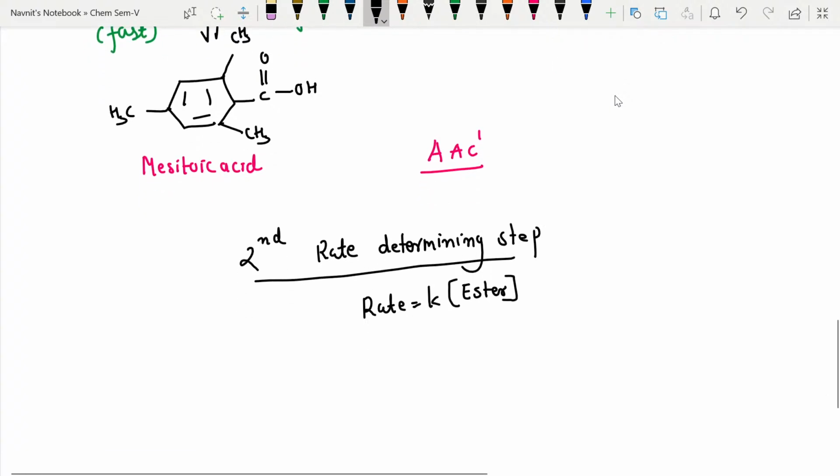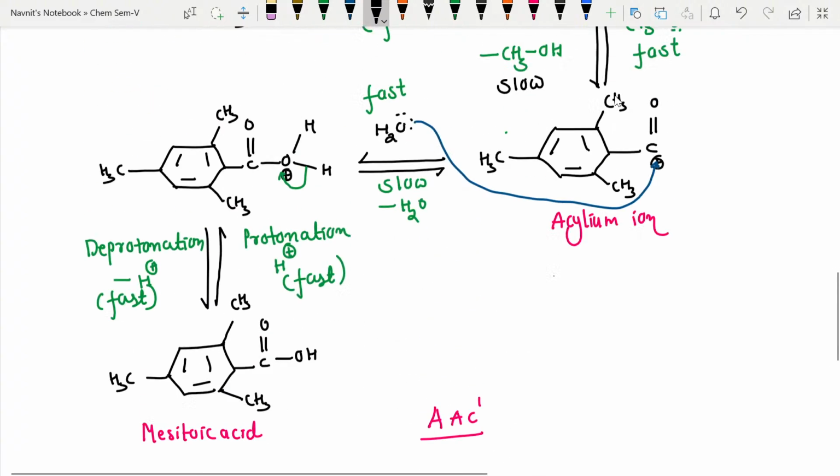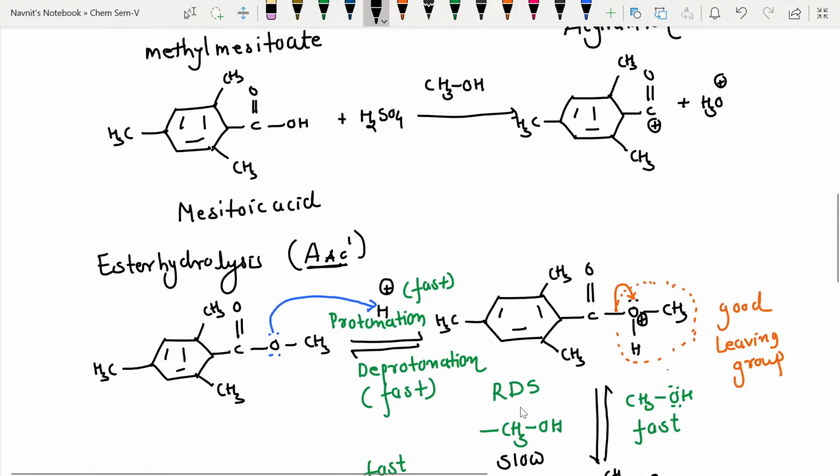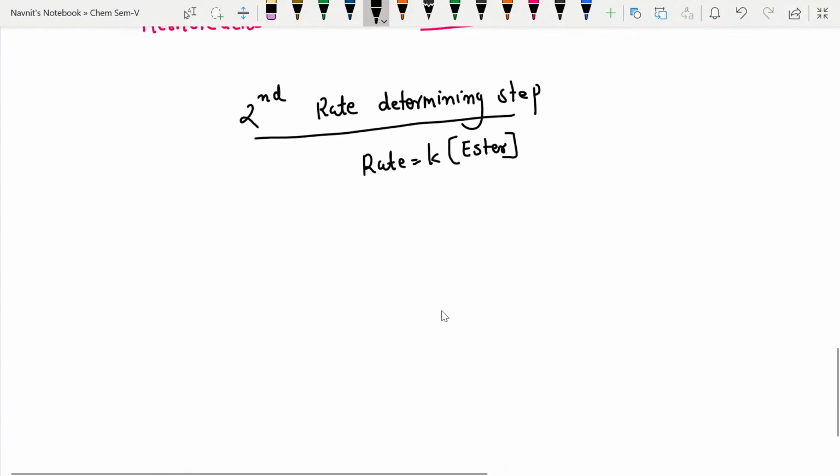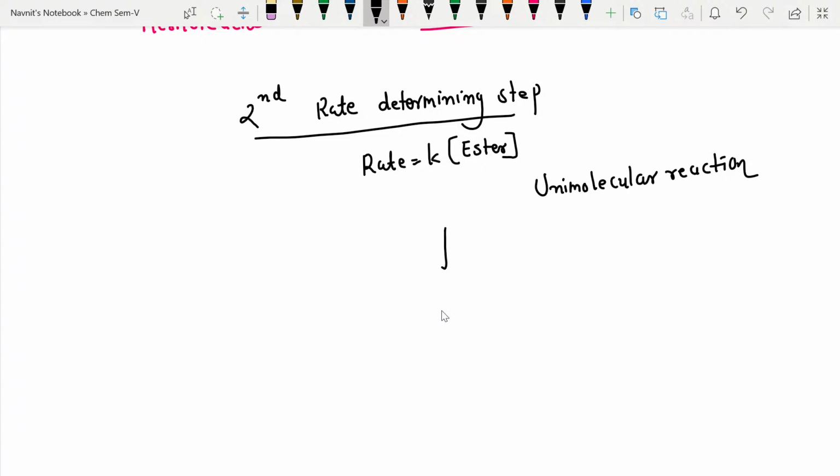That's why in the rate determining step only one species is involved, that is the protonated ester, and that's why this AAC1 is a unimolecular reaction. And this reaction is also a first order reaction.